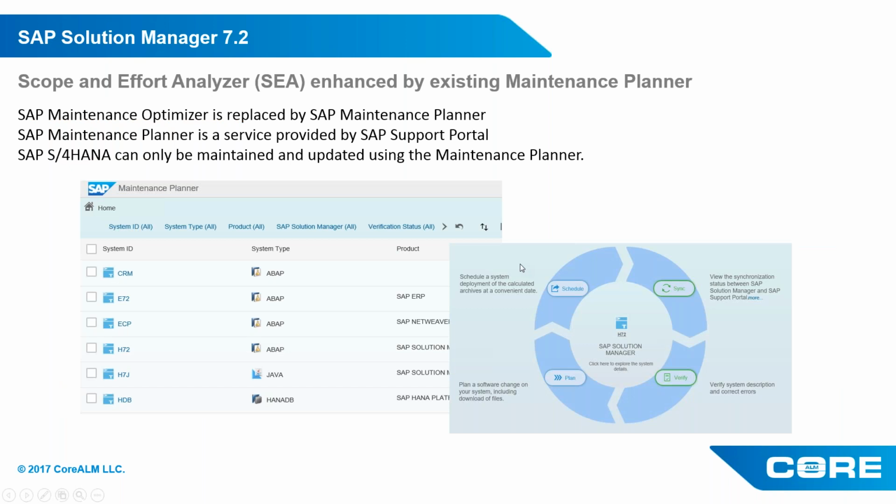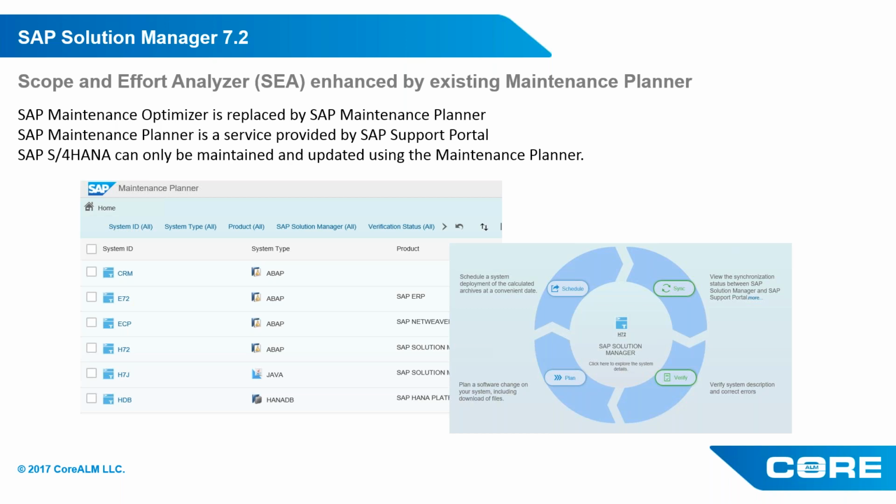Another big change, especially for the basis folks and those of you who have used Solman only for upgrades or new installations: the maintenance optimizer is no longer available in Solution Manager 7.2. Any support pack upgrades or enhancement pack upgrades, you always most likely use maintenance optimizer. That's no longer available.